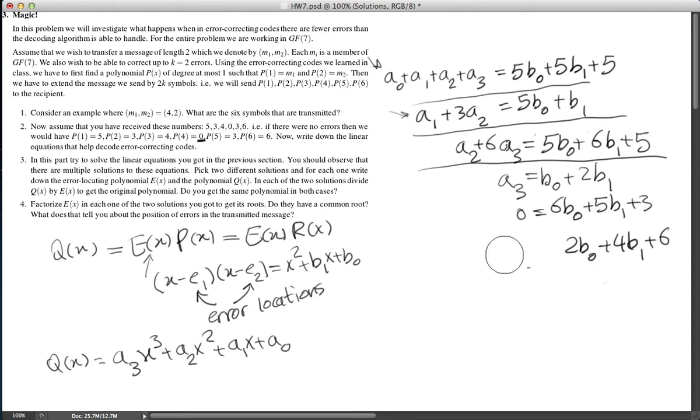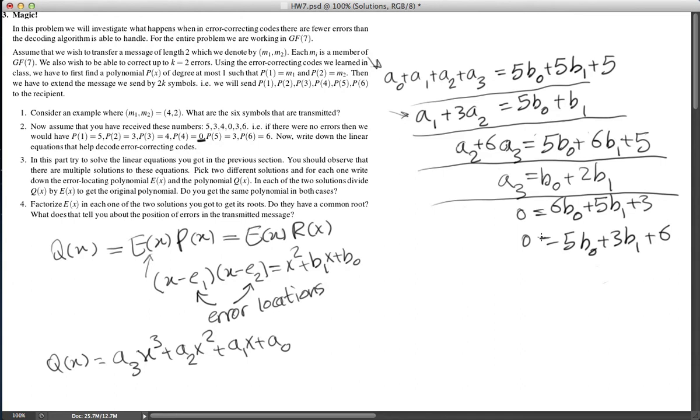And for the last equation, we're going to get 0 on one side, and on the other side we're going to get 5 times b0 plus 3 times b1 plus 6. Okay, now we're done with this equation too.